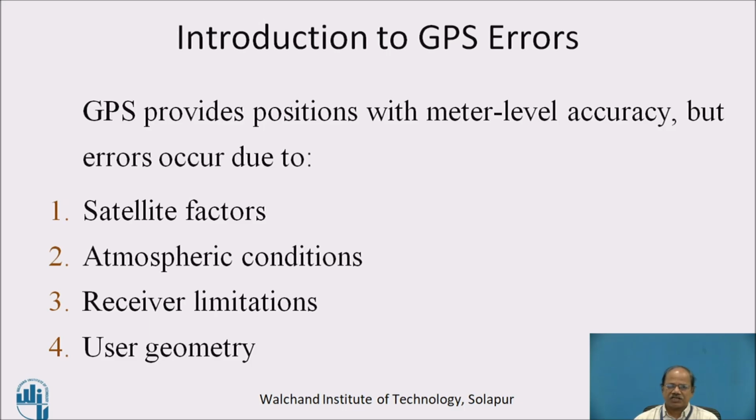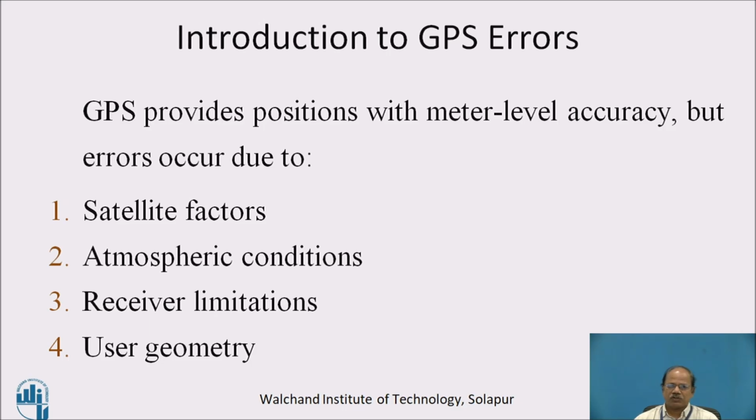The satellite factor is of course one of the most important factors which affects the error. It may have settings in the atomic clock or the ephemeris of the satellite itself, which may be resulting into the errors related to this. The second variety of the errors which are likely to be there are atmospheric conditions.